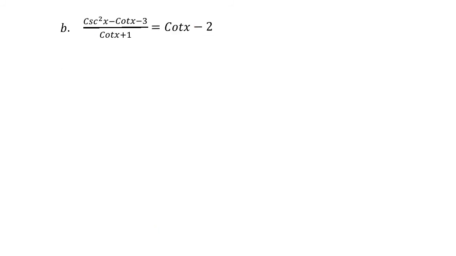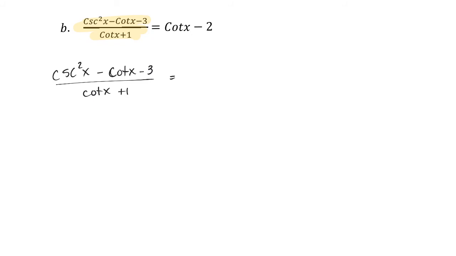Okay, here we go. I'm going to choose my side. This certainly looks hard to me with all those cosecants and cotangents. So I start with cosecant squared x minus cotangent x minus 3, all over cotangent x plus 1. I'm just racking my brain.